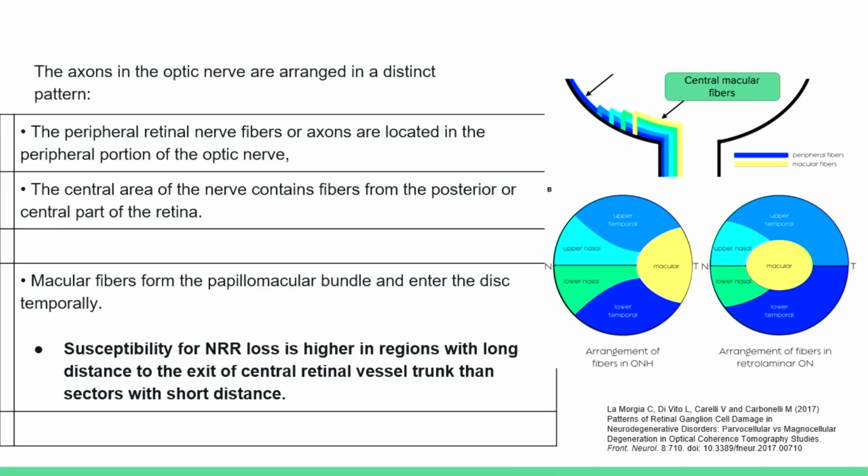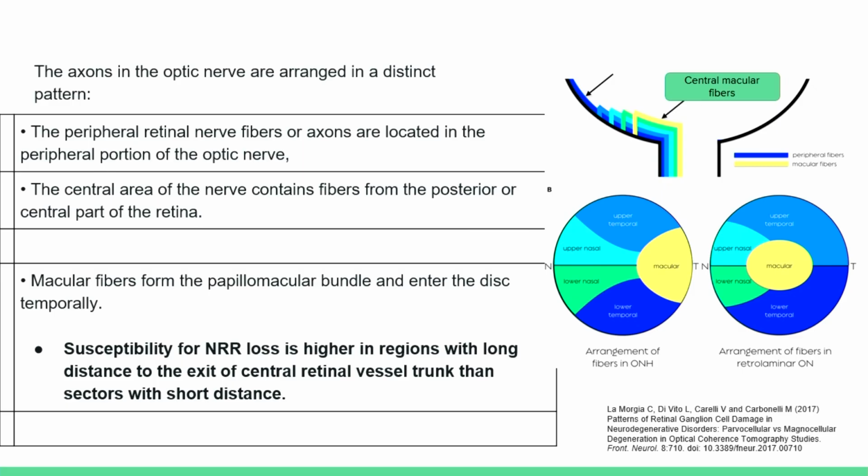One minute. Can one of the first years explain that diagram? The arrangement of fibers in the optic nerve head? The papillomacular bundle, yeah, they go to the temporal side of the optic nerve head. And what about what goes to the superior and the inferior part of the optic nerve head? The arcuate fibers. Yeah, tell me, Shamika.